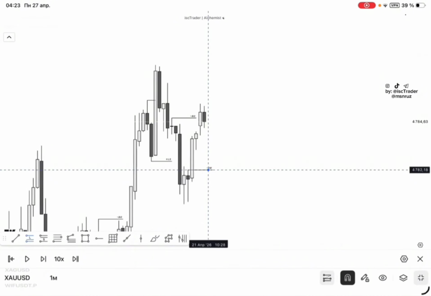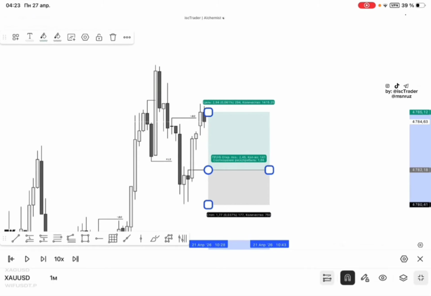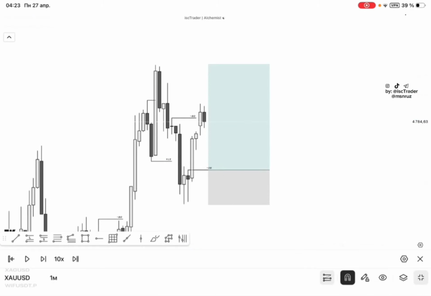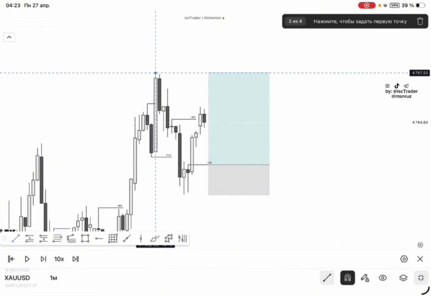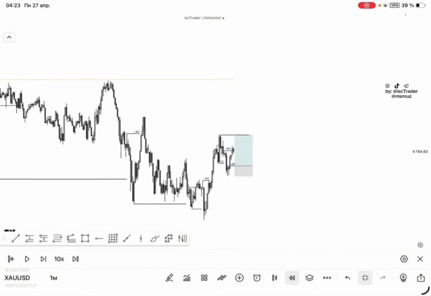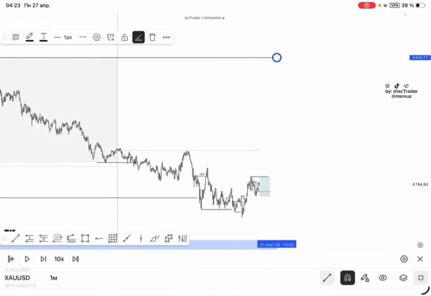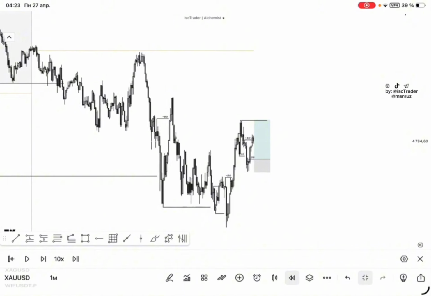And we can enter the trade right here. Stop loss, valid low. First take profit, external liquidity. And full take profit, Asia high.